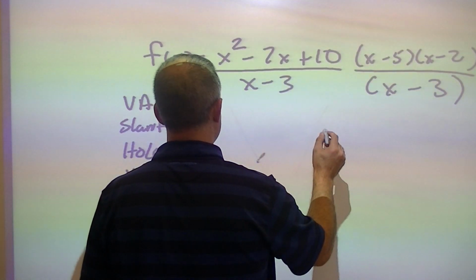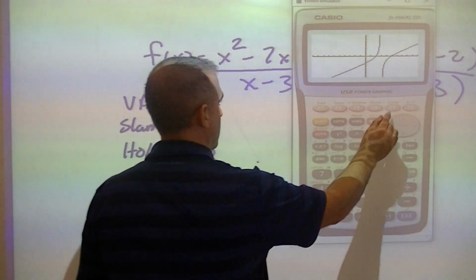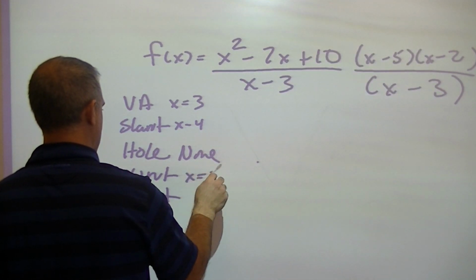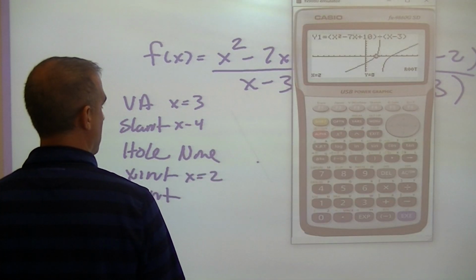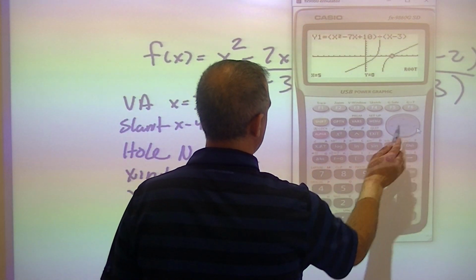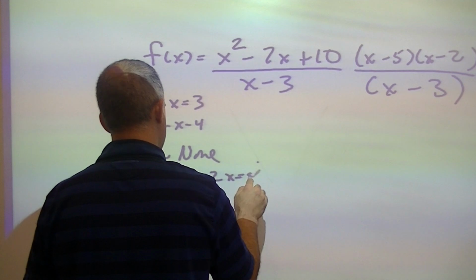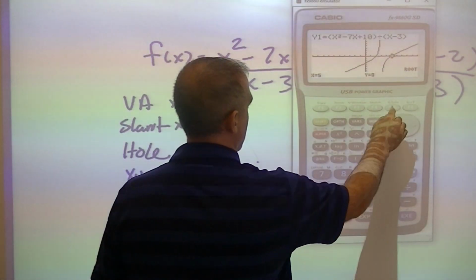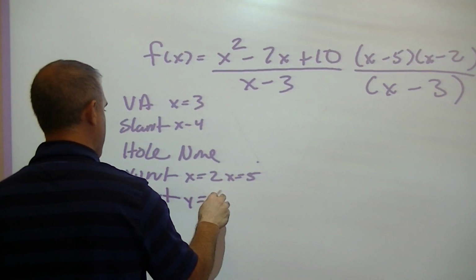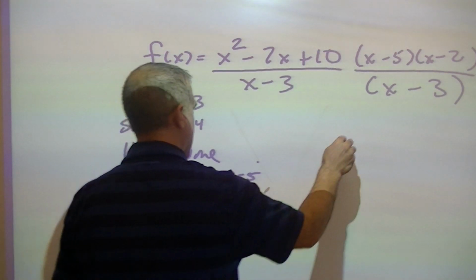So, let's get those intercepts. One intercept is 2, and one intercept, 2 and 5, sorry. Y-intercept is y equals negative 3.3 repeating.